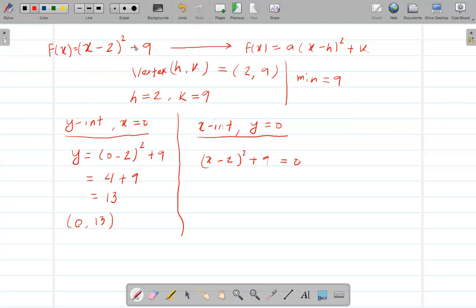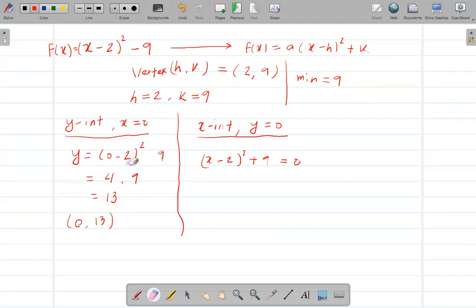I should actually have said this as minus, so that way we don't have to consider the imaginary numbers. If I make that minus, then we change this to minus as well.